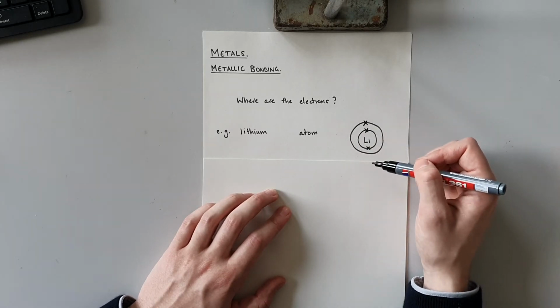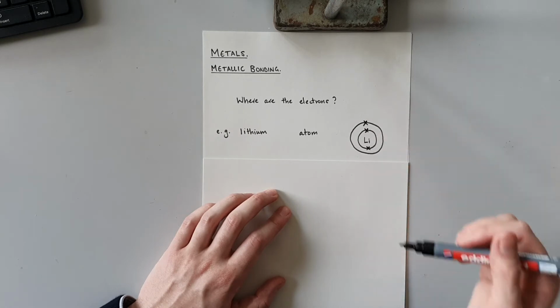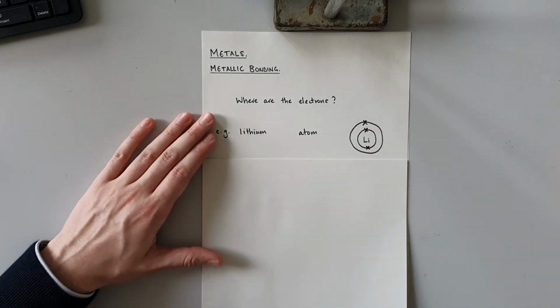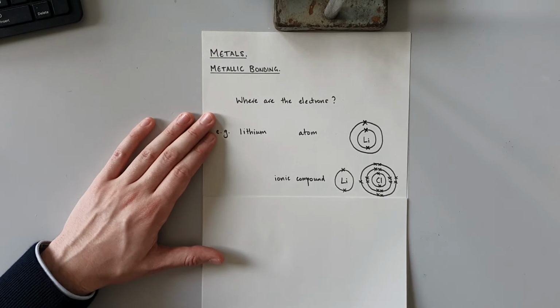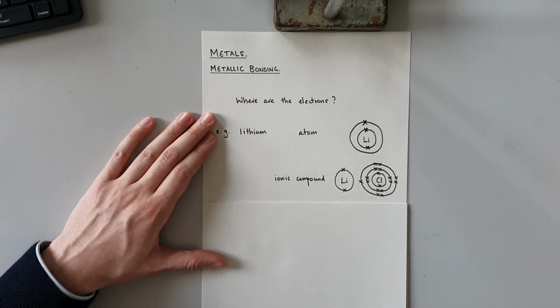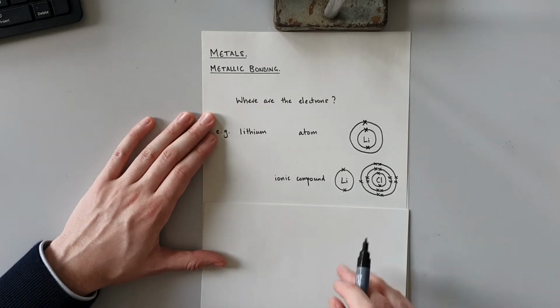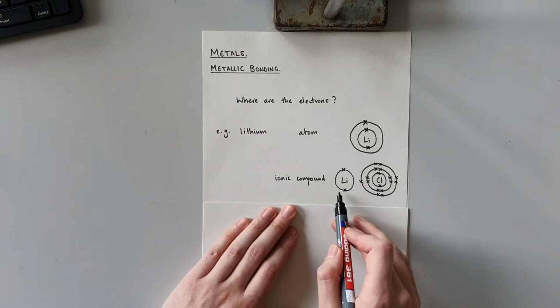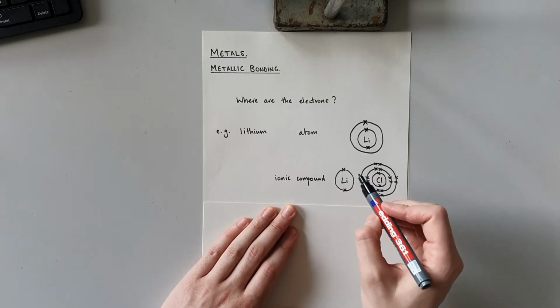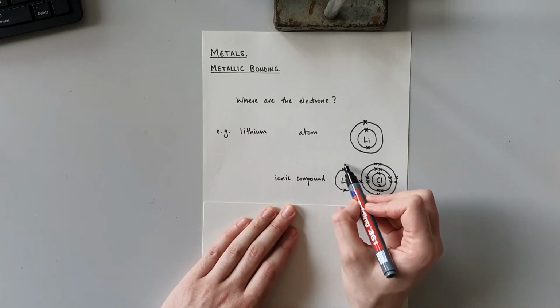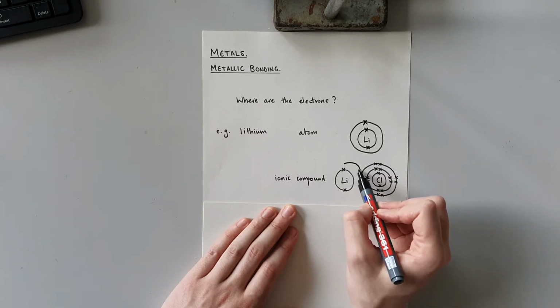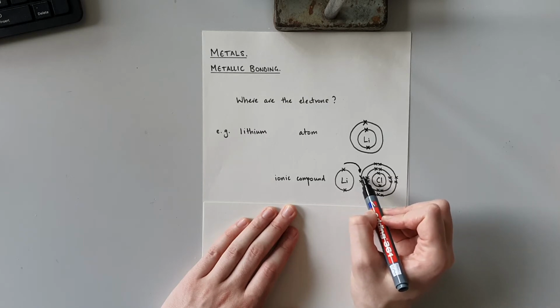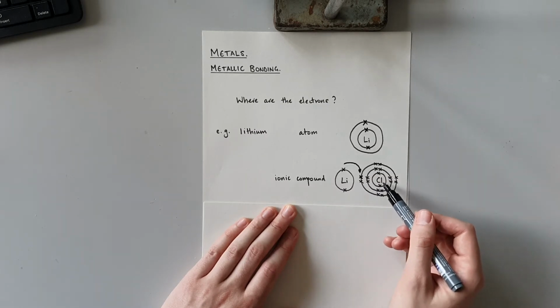2 and then 1. Now if we were to take that lithium atom and form an ionic compound, an ionic bond with a non-metal atom, for example chlorine in this case, we'll find that its outermost electron in lithium is going to move from lithium and be taken by the chlorine atom to form a chloride ion.